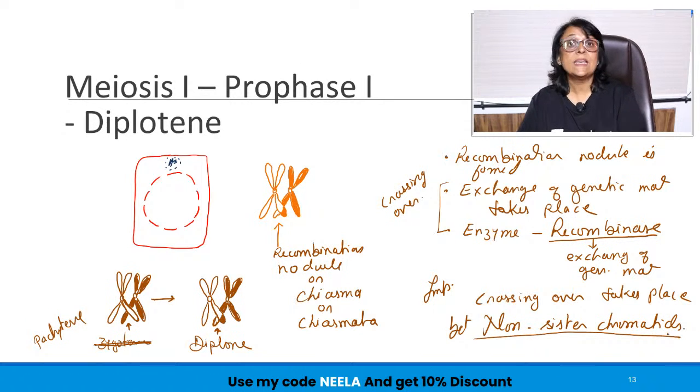Always. It can never take place between sister chromatids, because sister chromatids have the same genetic material. It was the original genetic material which was copied in S phase. So there is no significance if the same copies get exchanged. So it is always between the non-sister chromatids.